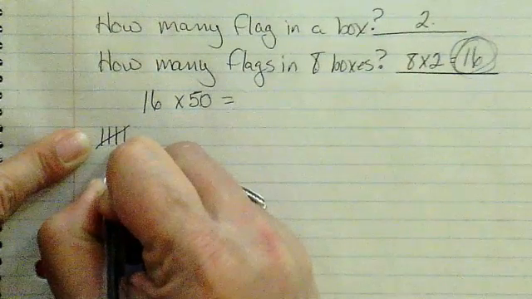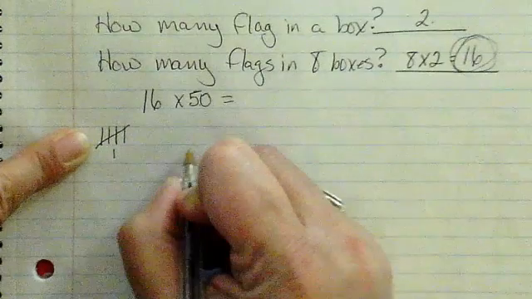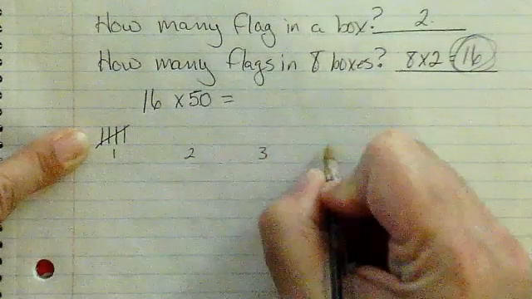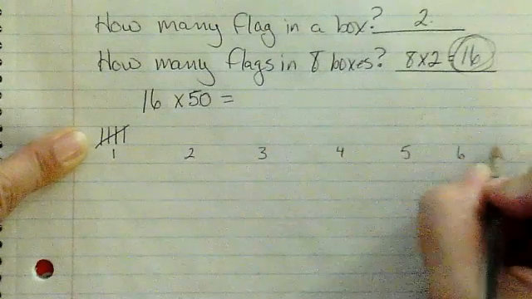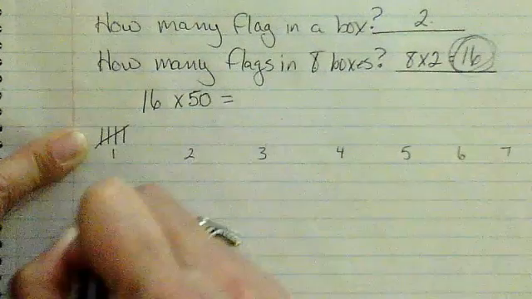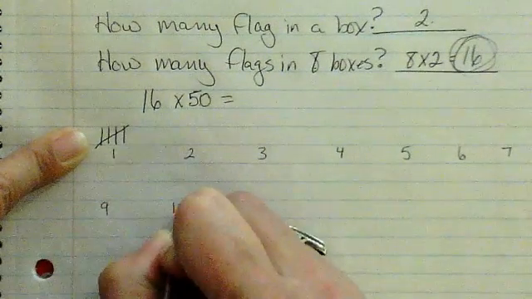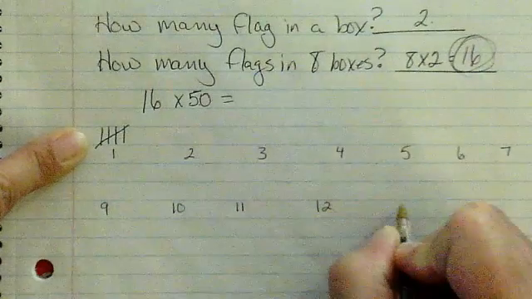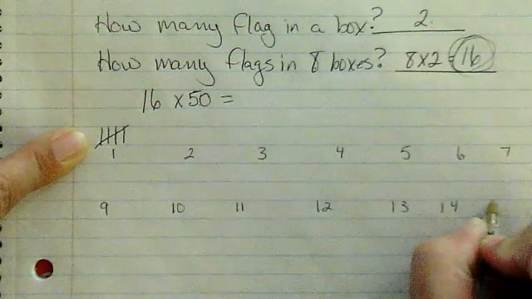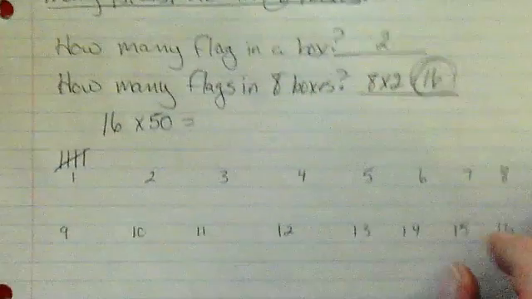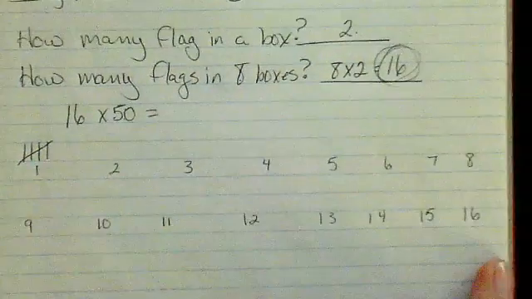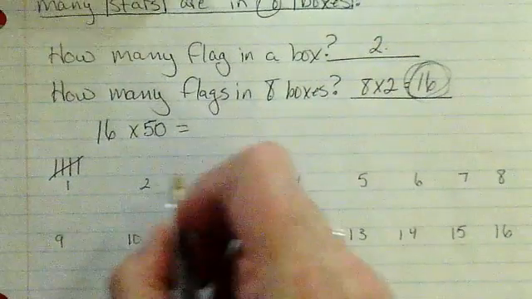So I'm going to organize a little so I don't get lost. All right, 16 groups, yes? 16 groups, and then 50 stars.